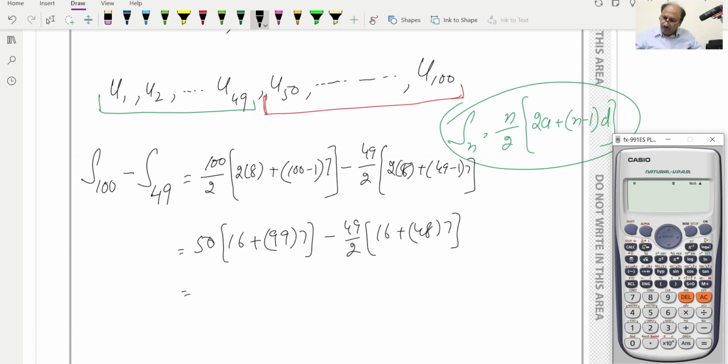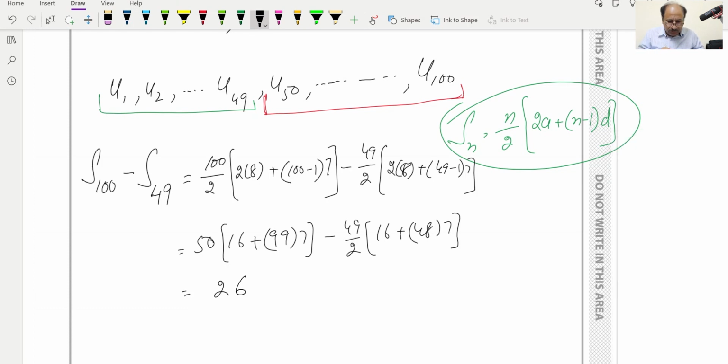So it will be 50 in brackets, 16 plus 99 into 7 and bracket close, minus 49 divided by 2, then bracket 16 plus 48 multiplied by 7 and bracket close, and this is equal to 26826.